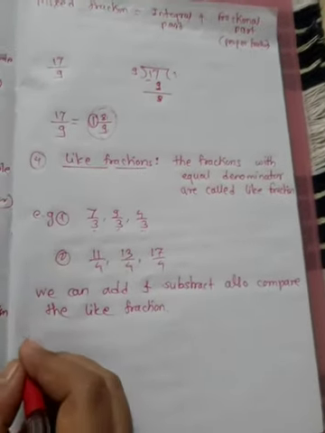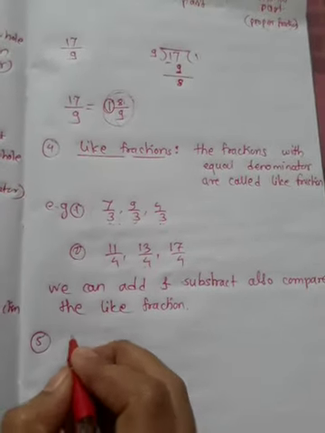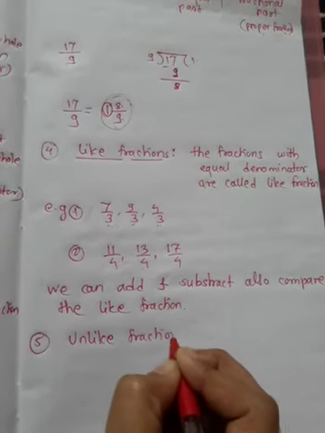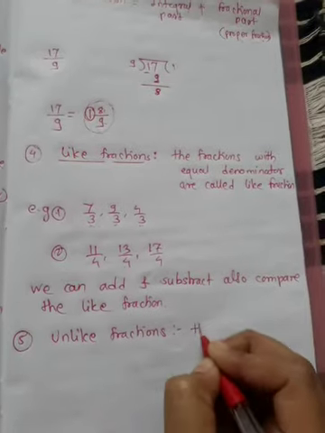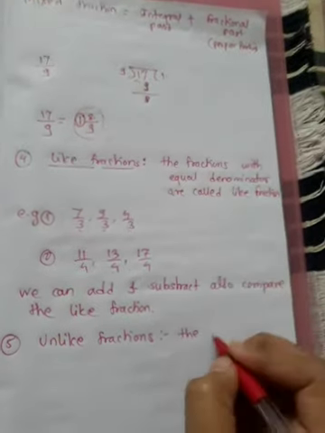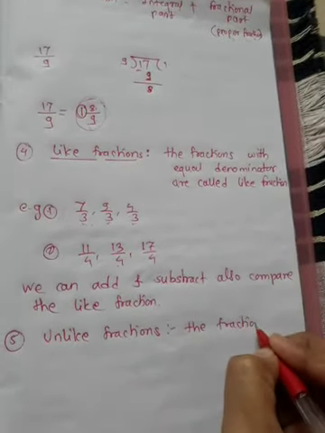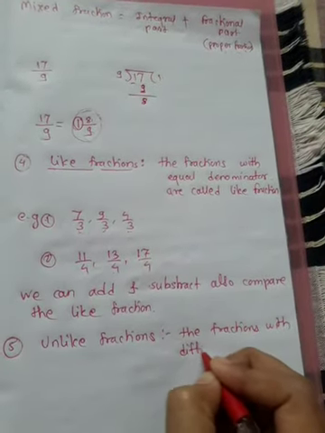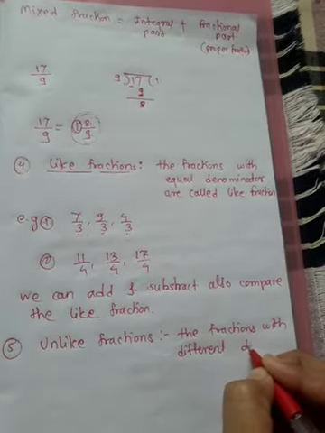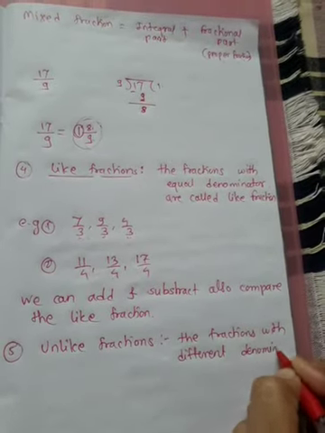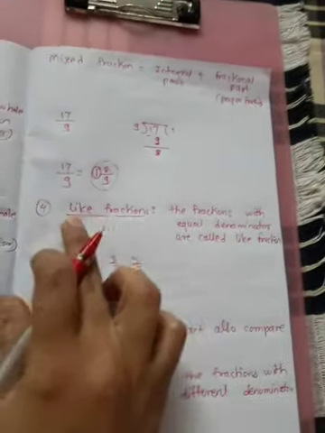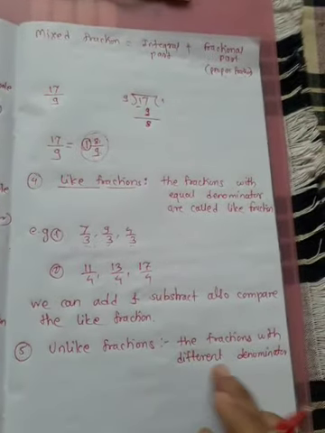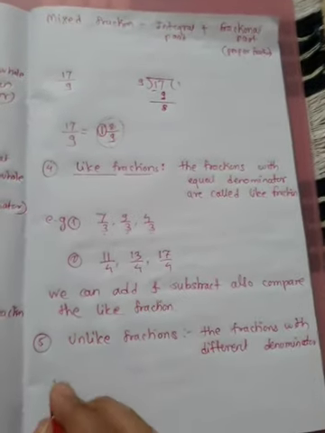Okay, so the next type is unlike fractions. So what are unlike fractions? It's opposite to like fractions. The fractions with different denominators are called unlike fractions.